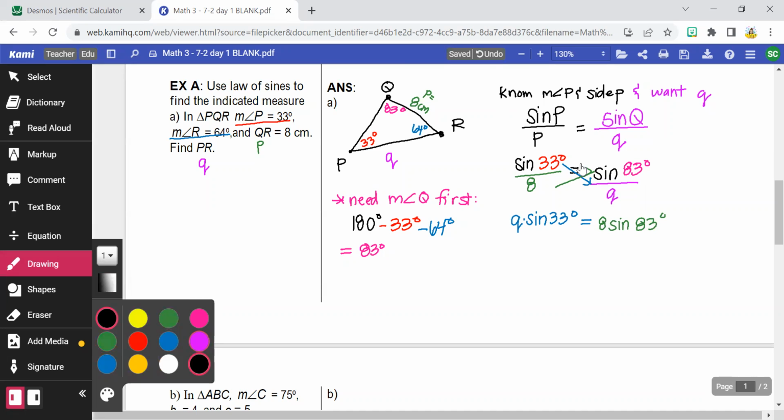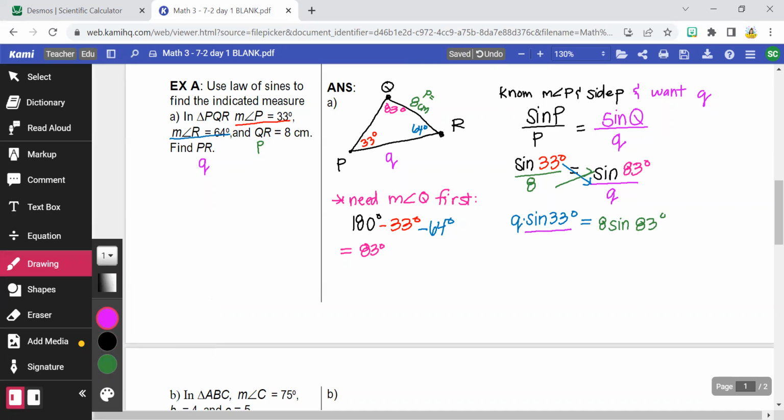And then I want Q isolated, so that means that I'm going to need to divide both sides by sine of 33 to get Q by itself. Okay, so what this tells us then is that Q is equal to 8 times sine of 83 divided by sine of 33.